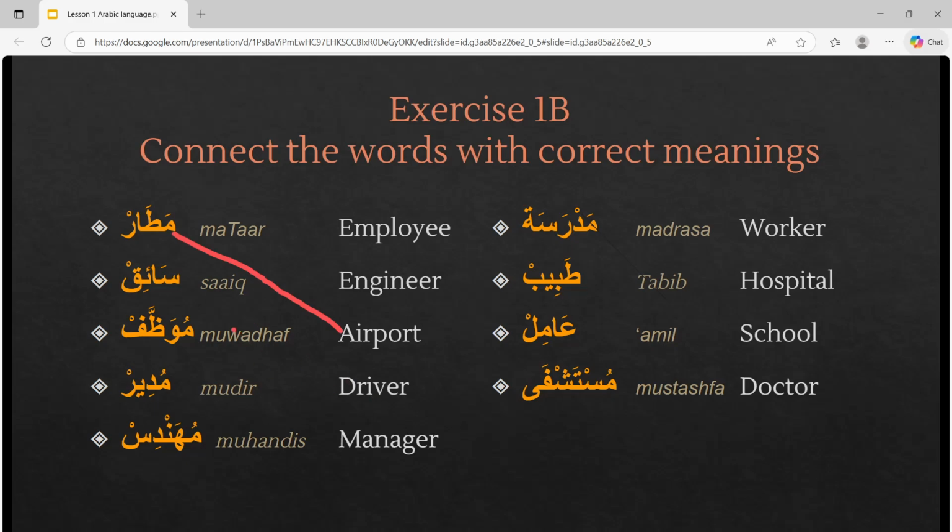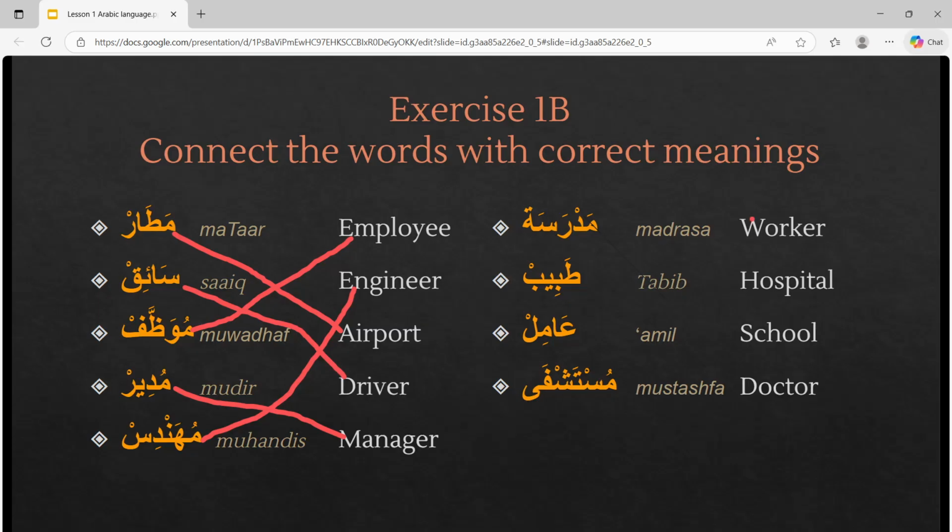If you say the driver, you got it right. مدير is manager. Oh, we skipped موظف. موظف means employee. مهندس. The last option here. Engineer.